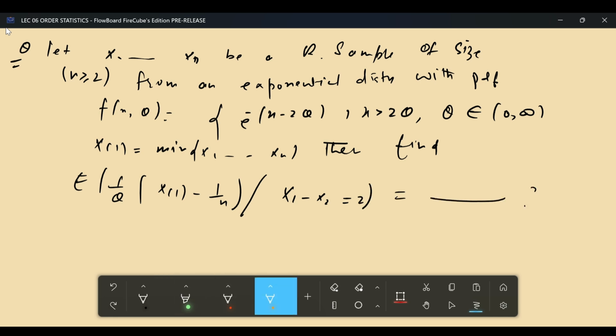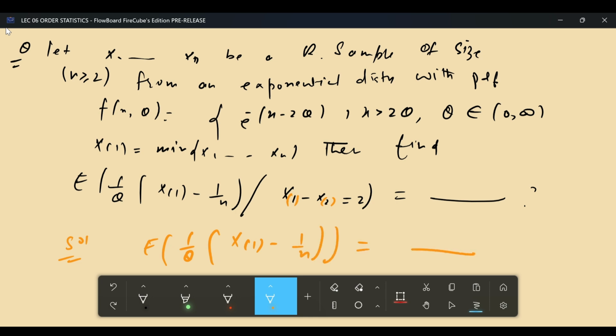See, what's the question? We have the PDF, exponential in x minus 2 theta, and we have the first order statistic. Then find the expectation of this quantity. Don't get scared. What's this quantity? This is independent: x1 minus x2 and x1 are independent. So we will be left with only the expectation of 1 by theta times (x1 minus 1 upon n).